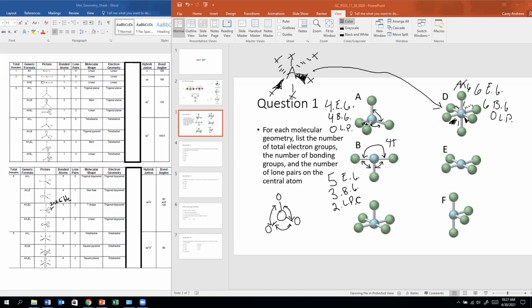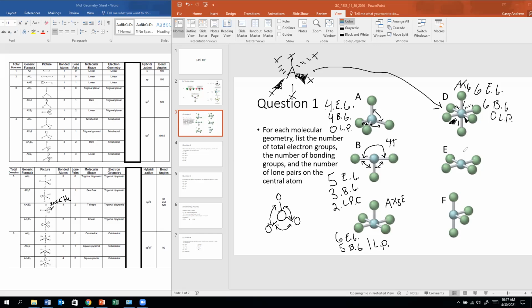Remember, the dots there are showing you the lone pairs. So this would be Ax5E. The number of electron groups is 6. We have 5 bonding groups and 1 lone pair.